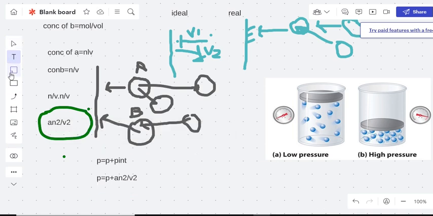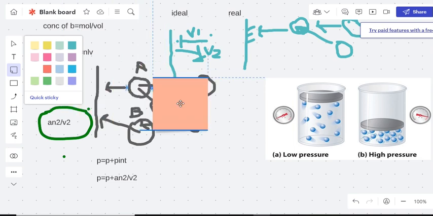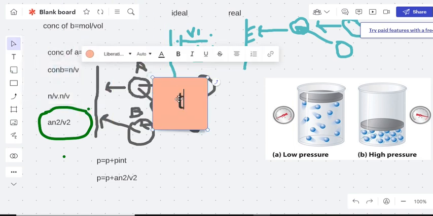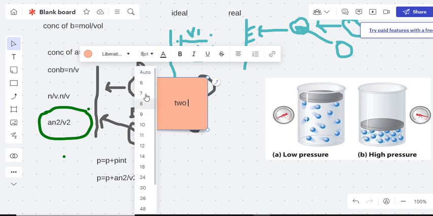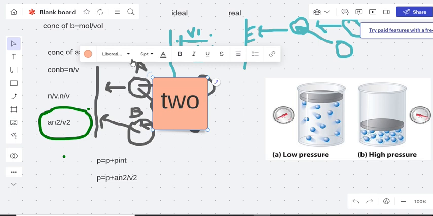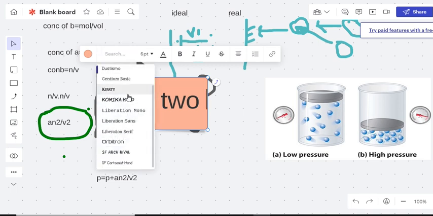I'm going to write that on the sticky notes. Two pressures. The size is too giant.